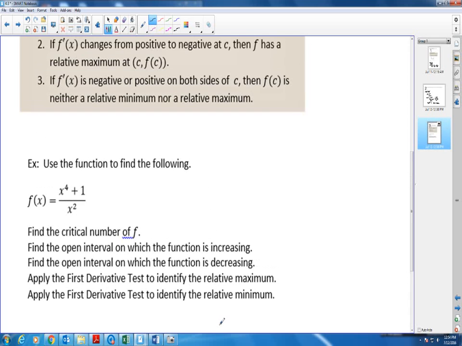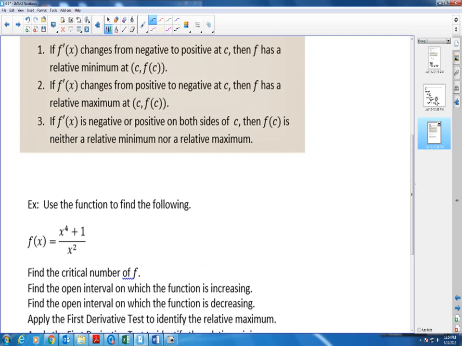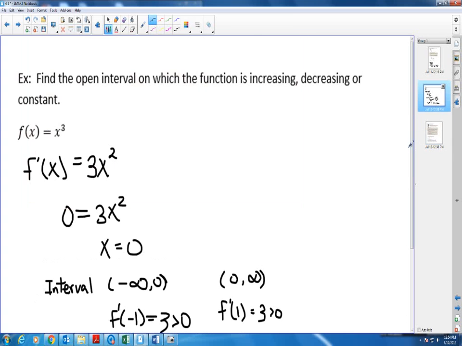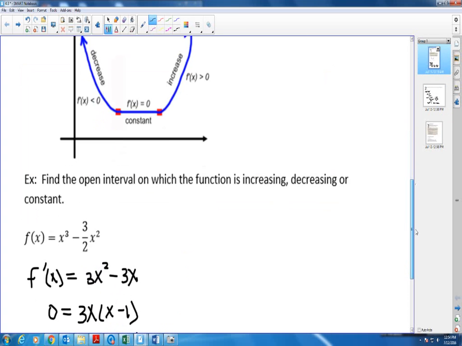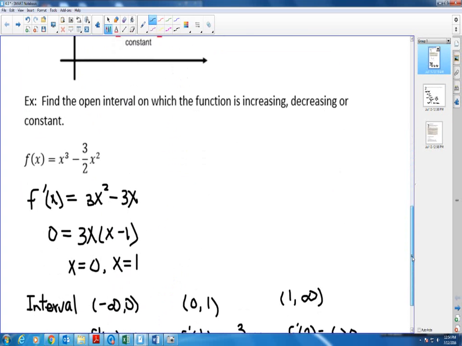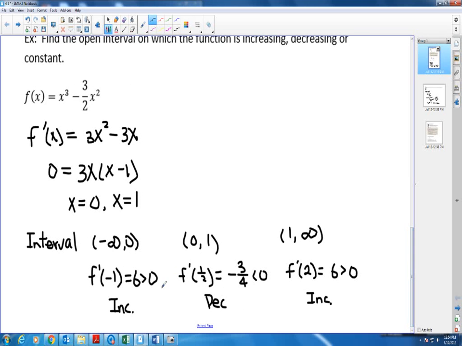Okay, so if we go back to this problem right here, this is positive. Go from positive to negative. That tells me there's a relative maximum at my critical number 0.